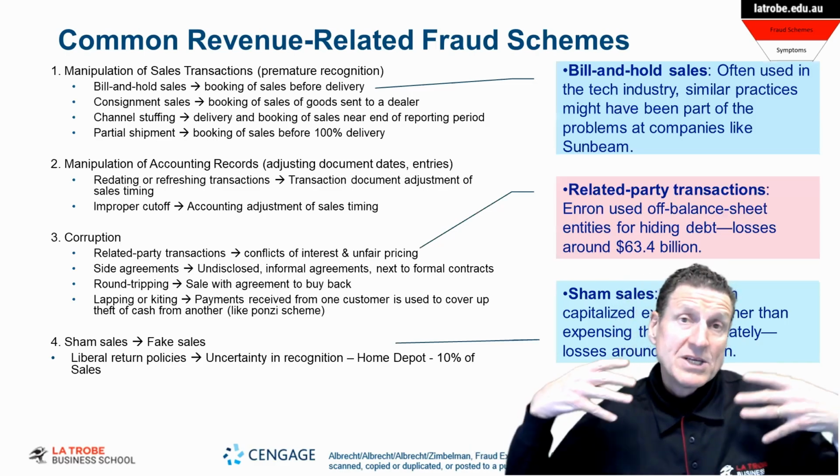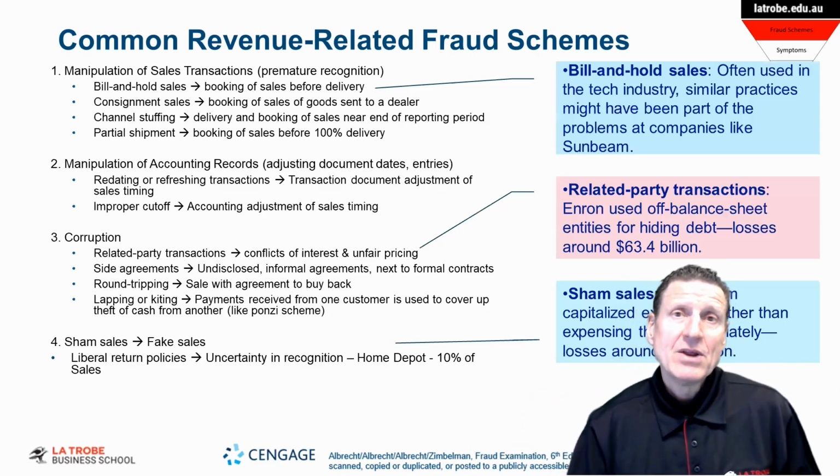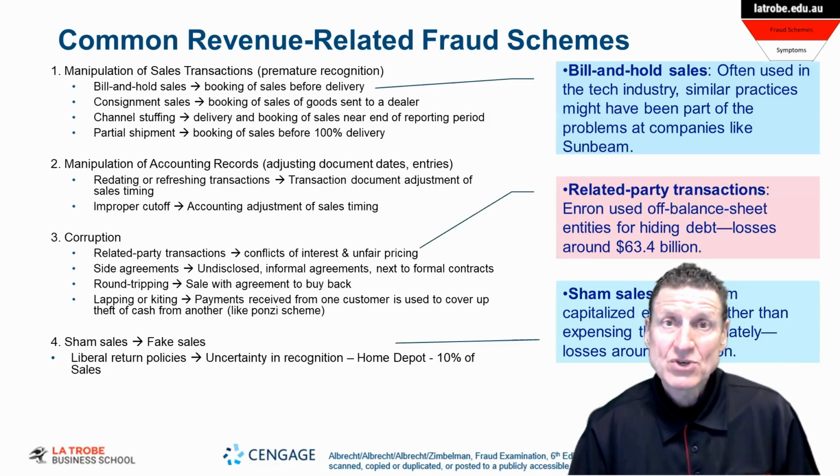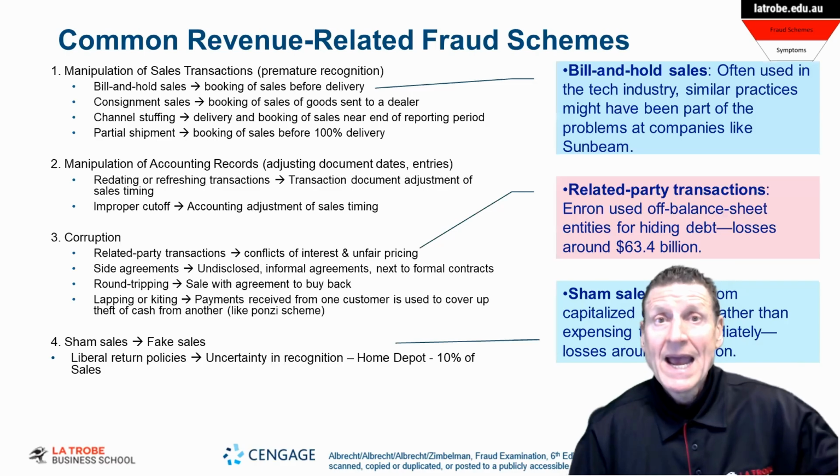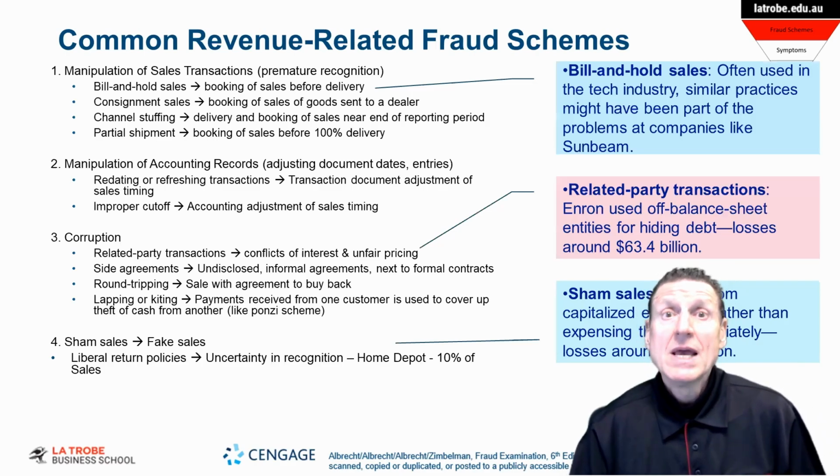So what I'm sharing with you is a little bit more in-depth of examples in different industries that relate to the whole list of different ways you can commit revenue fraud outlined in the textbook.